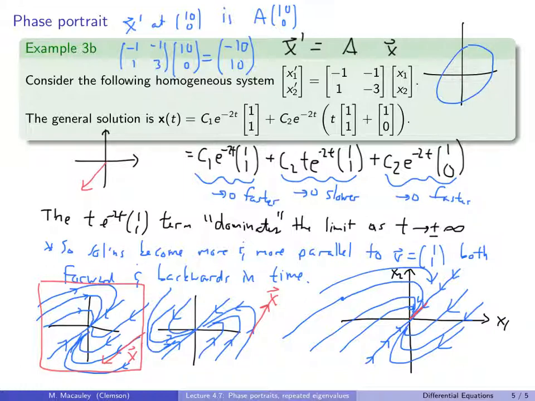Plug in this point right here. These things are all going to be concentric, so there's one of them that looks like it. Compute x prime and see, does it go in that direction or does it go in that direction? And if it's an entry with, say, two positive entries, then we know the ellipses must be spiraling in that direction. Otherwise, they have to be going in the opposite direction.